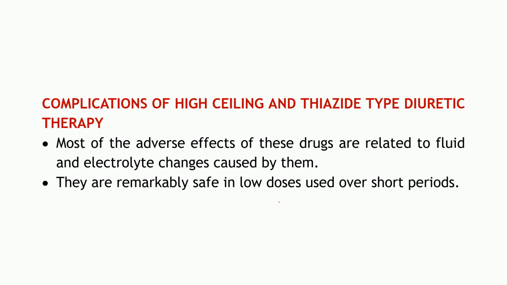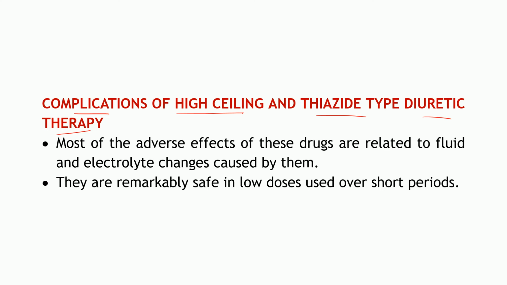So this has to do with the second class, that is the medium efficacy diuretics. Now coming to the next point, that is the complications of high-ceiling and thiazide type diuretic therapy. Since most of the complications, or adverse effects, produced by both of these classes are similar, they are discussed under a common head.